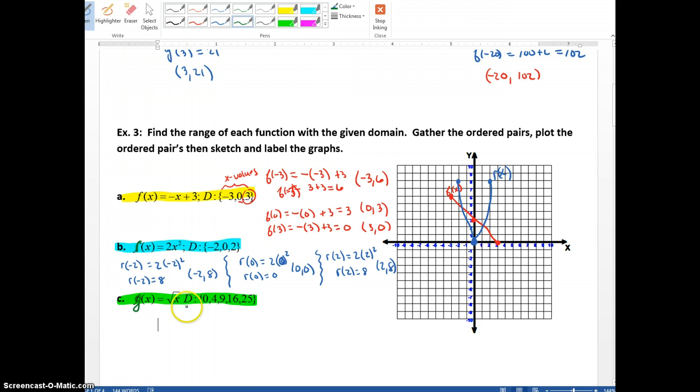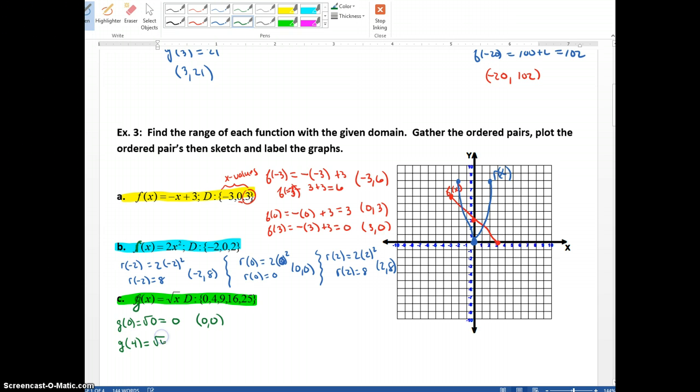Okay, g of x, I'm going to evaluate it when x is 0, 4, 9, 16, and 25. So, g of 0 is the square root of 0, which is 0. Ordered pair, input 0, output 0. G of 4, what is that going to be?